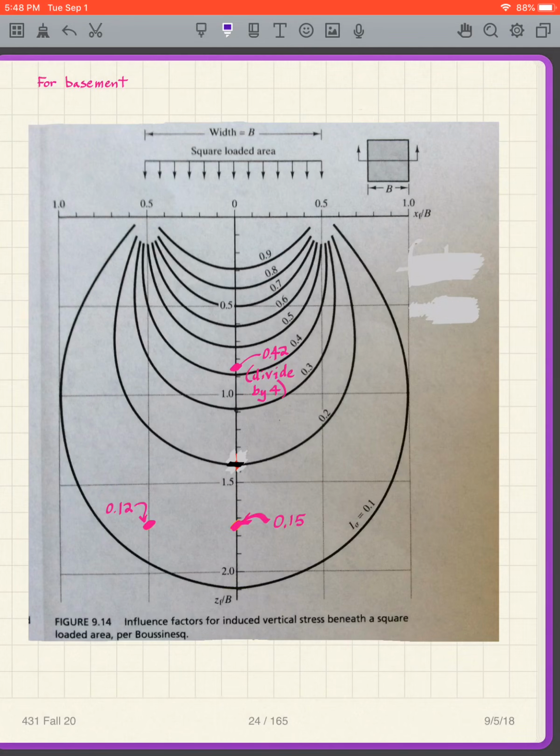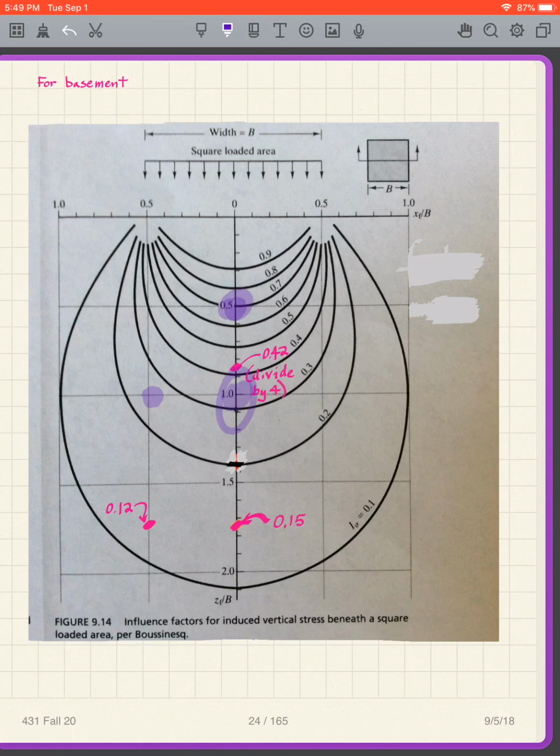We have our Z over B is 1 below the center, Z over B is 1 at the edge, and then we do 0.5 for the corner, but then again we divide our contour value by 4. So when we do the corner one, we divide the contour value by 4.